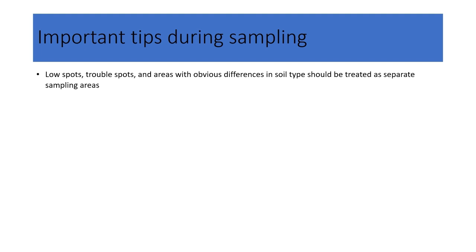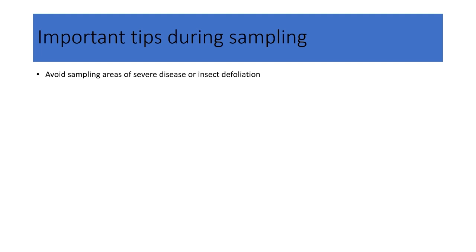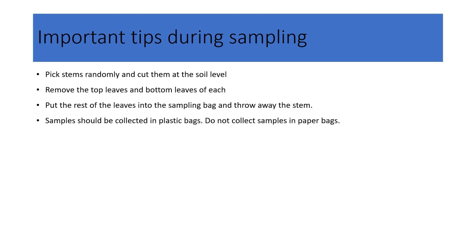You should also avoid sampling areas of severe disease and insect defoliation. Leaf rust, septoria leaf spots, and powdery mildew are common leaf diseases around that time of year. You should avoid areas with insect infestations such as blueberry thrips, leaf beetles, and caterpillars that feed on leaves.